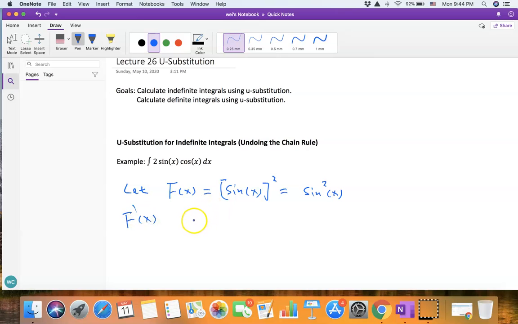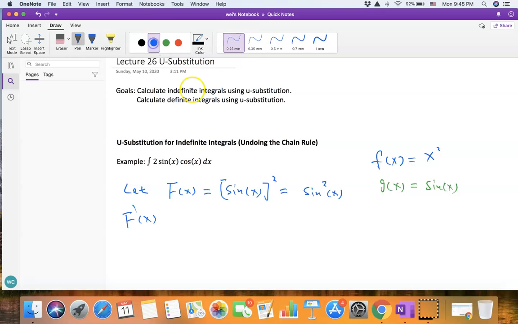For this function, how do you find the derivative? To find the derivative, we're going to use the chain rule. We need to find the outer function and the inner function. The outer function is x squared, and the inner function is sine x.